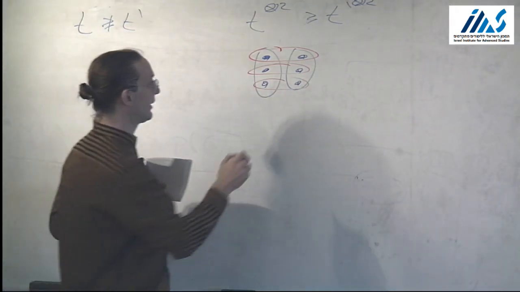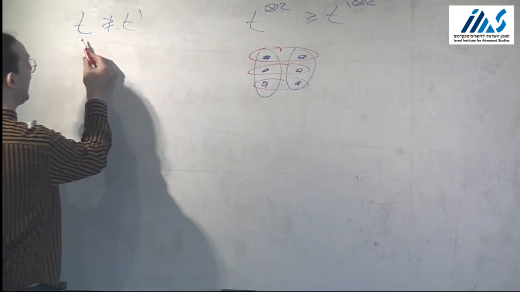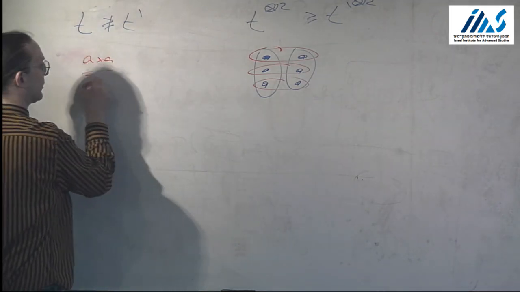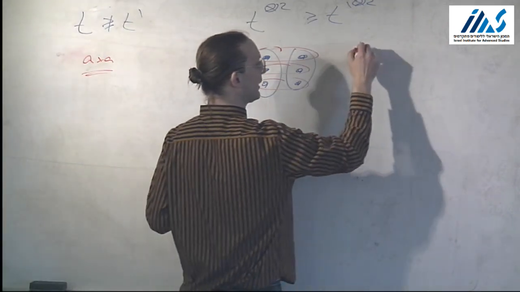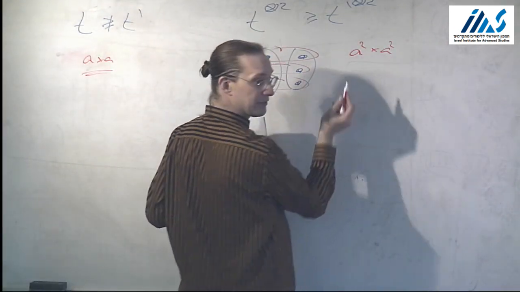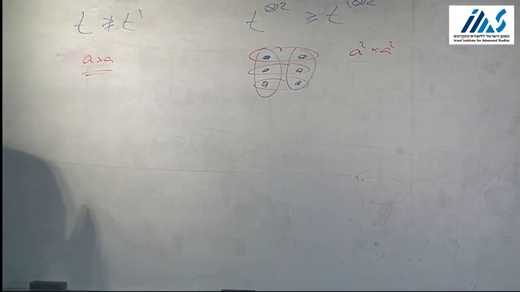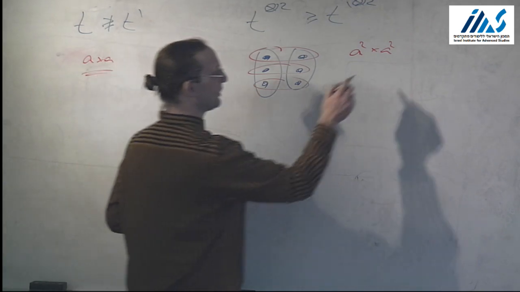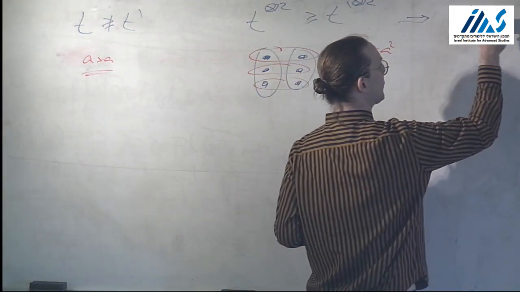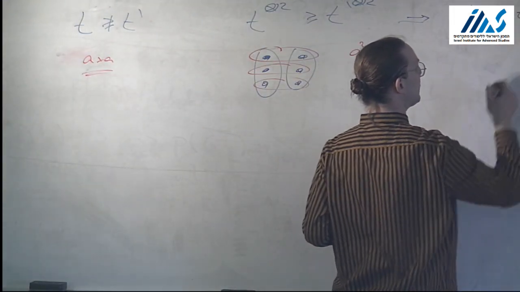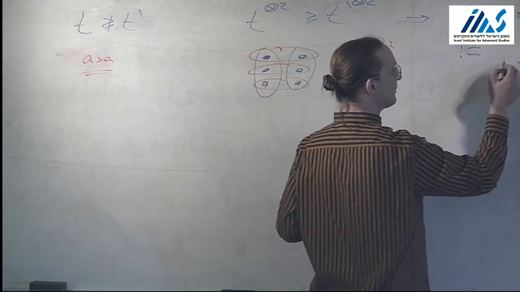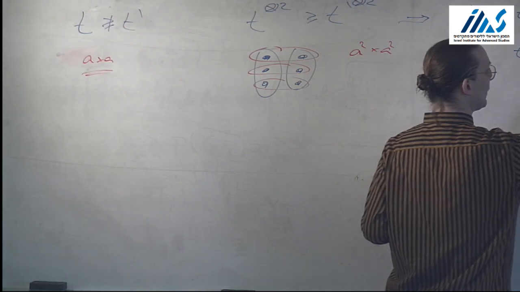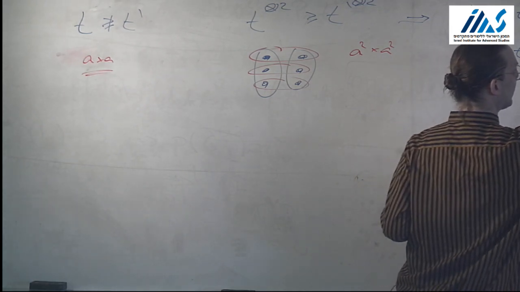So instead of acting with GLA, or with A by A matrices on this one and B by B and C by C, here I act with A square by A square matrices, etc. Sometimes this can be done. And this gave rise to a notion of asymptotic restriction that Strassen introduced. We say T asymptotically restricts to T prime if T tensor n plus little o of n restricts to T prime tensor n.